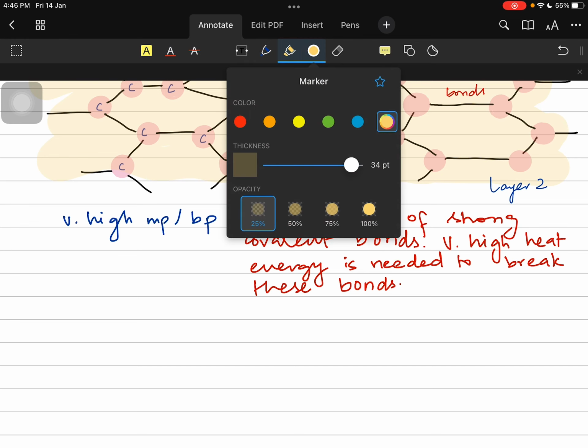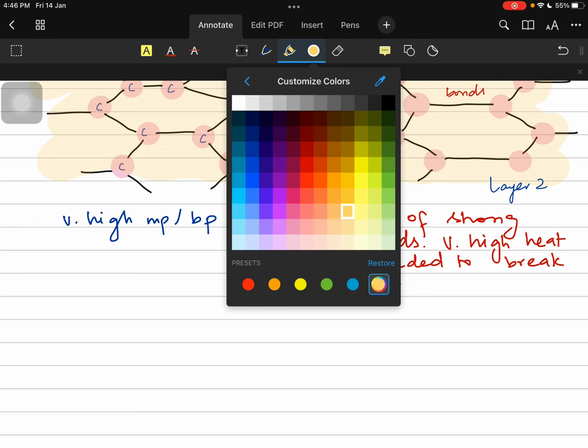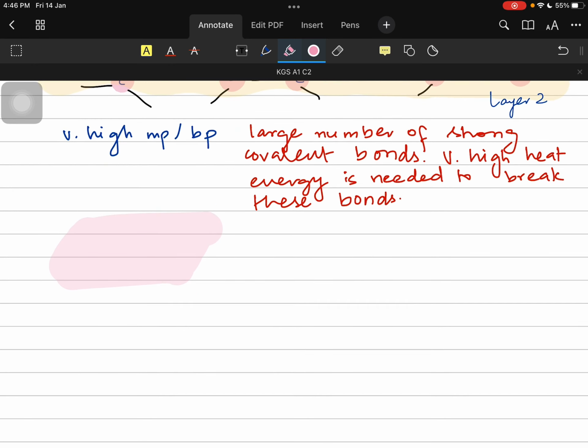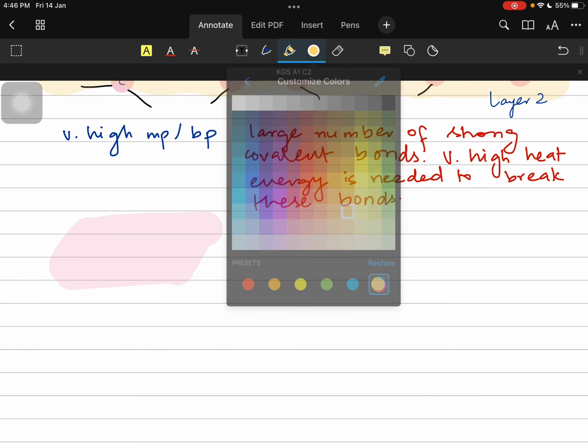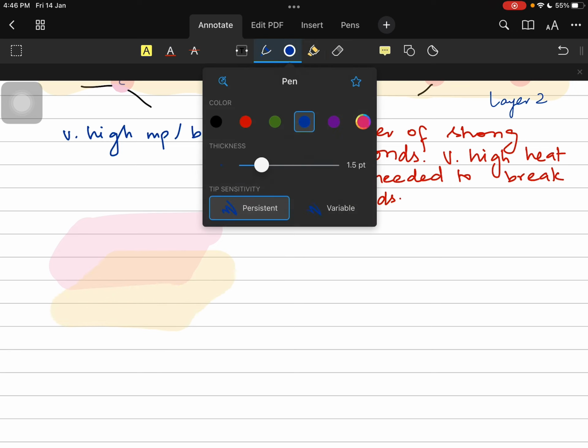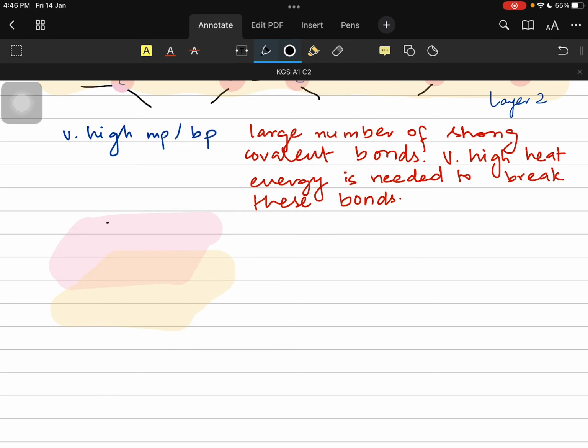If I just make this structure a little smaller over here, for example, this is my layer number 1, and let's suppose this would be my layer number 2. I'll make the small pattern over here again. This is our layer number 1 with all the hexagons, and this would be layer number 2 with other hexagons of the other layers, like this.